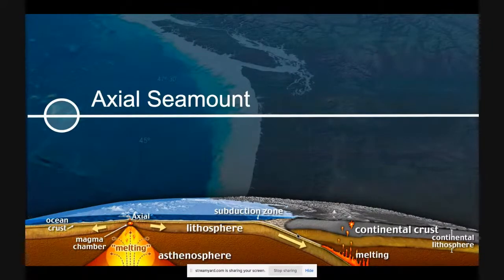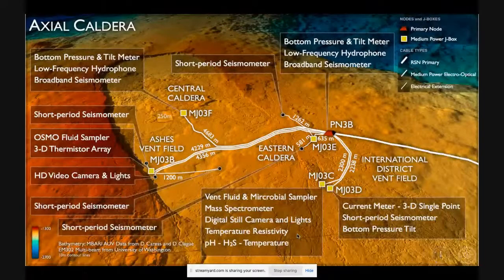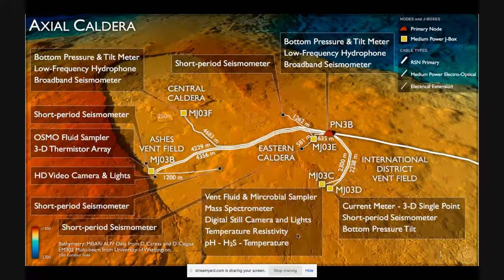But Axial Seamount is the most active submarine volcano on the mid-ocean ridge on the west coast of the United States. It's erupted about 3 times in the last 10 years, and so we have quite a set of instrumentation at the caldera of that volcano.